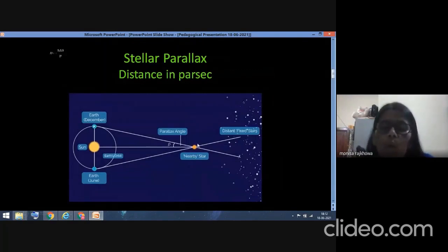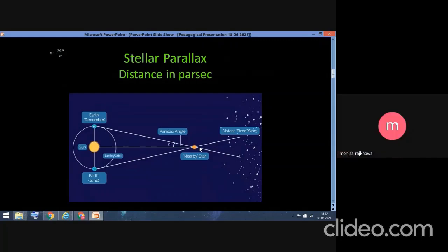So when we go outside the solar system, then one cannot use laser or radar technique. Instead, one has to use the stellar parallax method, where parallax means that when we observe a distant star from Earth at different times of the year, then there is a relative displacement of the star with respect to distant fixed stars.